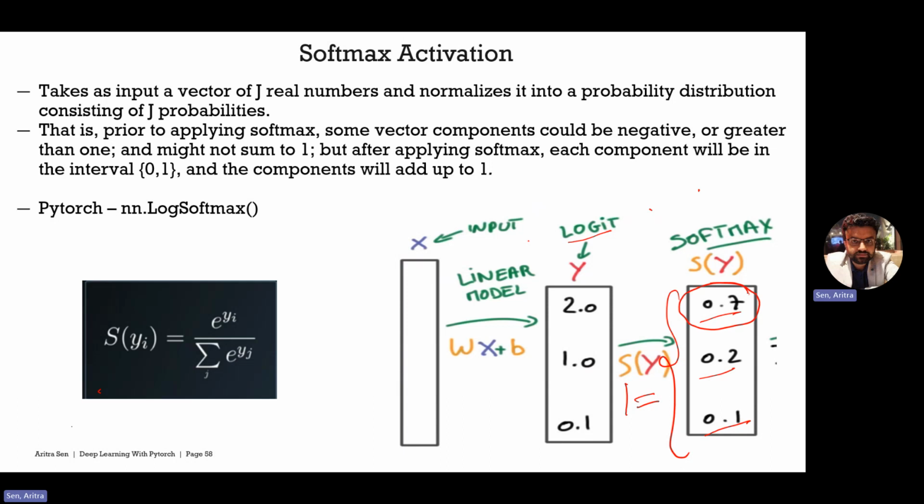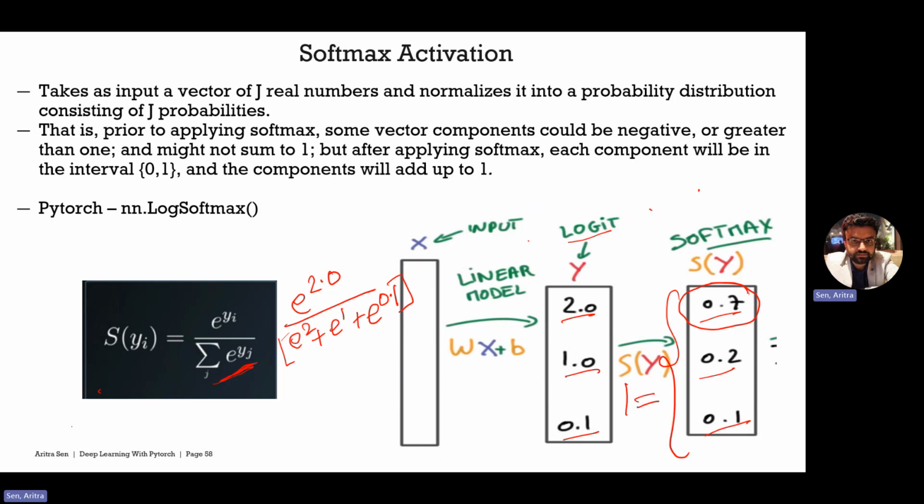Now, how do we do it? So we have 2, we have 1, and we have 0.1. The calculation for 0.7 will happen in this way. We will take e to the power 2.0 and normalize this value with the denominator, which is e to the power 2, plus e to the power 1, plus e to the power 0.1, right? So after taking the exponential value, we are summing and normalizing each of these probability values.